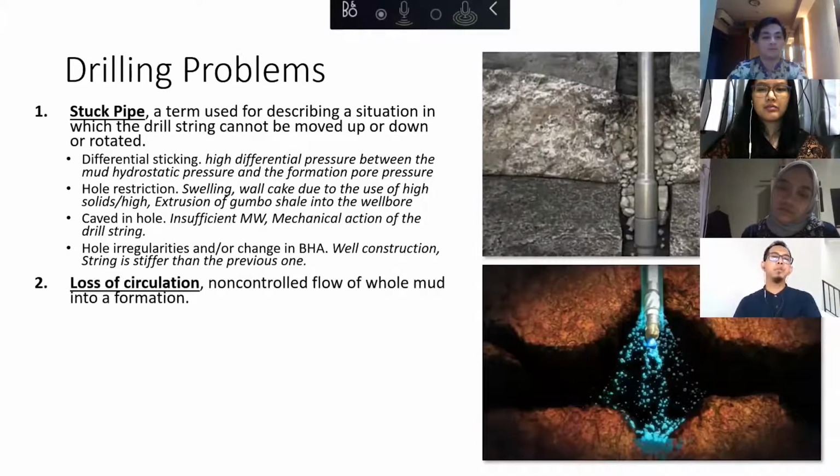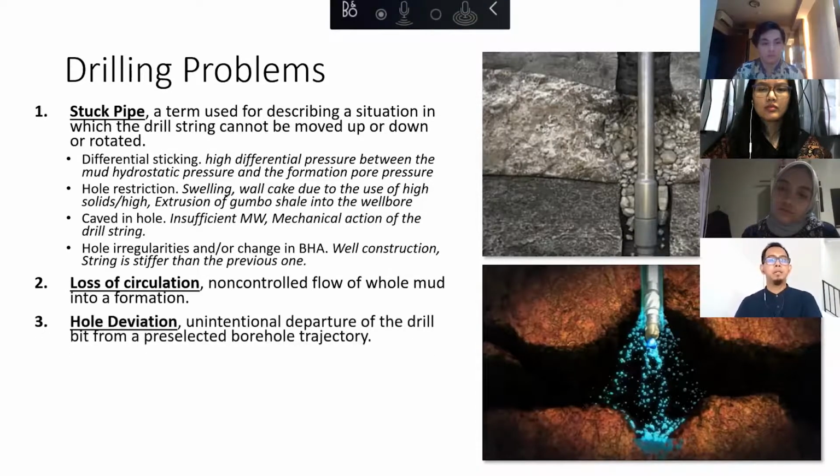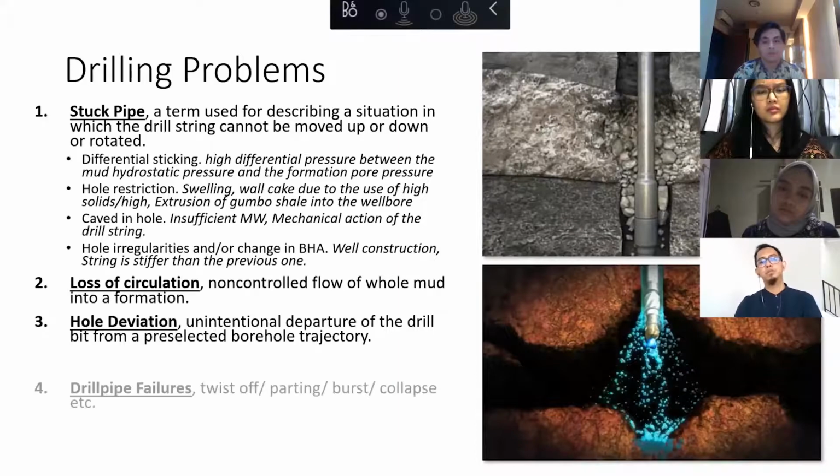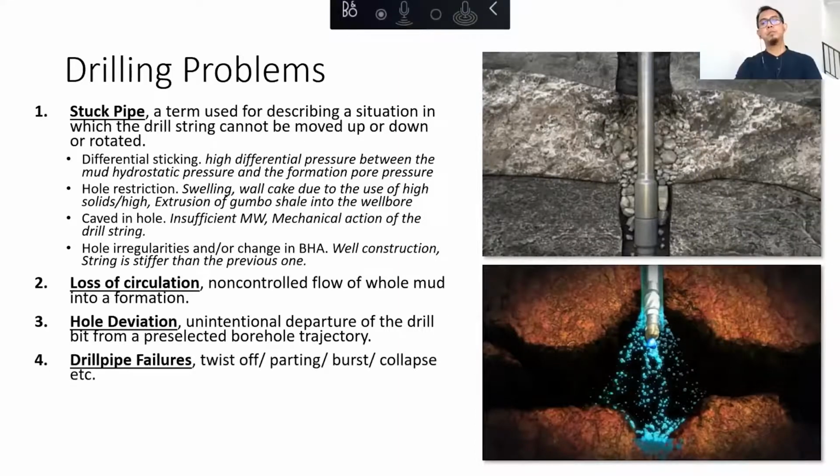Another drilling problem is loss circulation. Loss circulation is a non-controlled flow of the whole mud into the formation. Then there's hole deviation, the unintentional departure of the drill bit from a pre-selected borehole trajectory. There are also drill pipe failures: twist off, parting, burst, collapse.